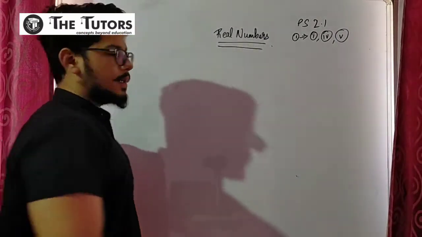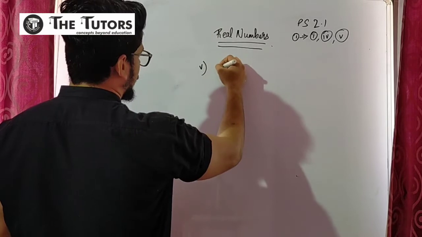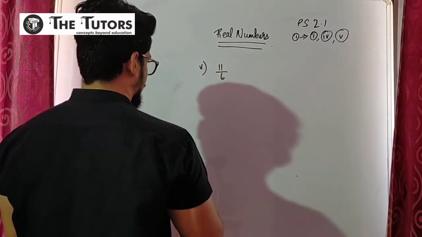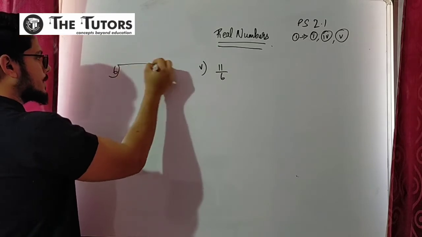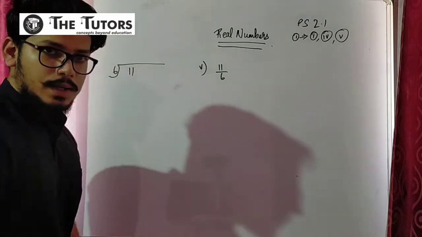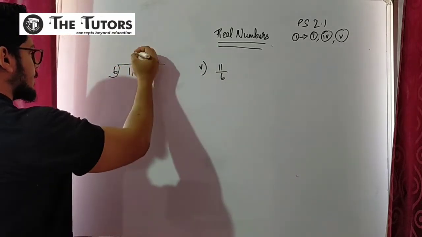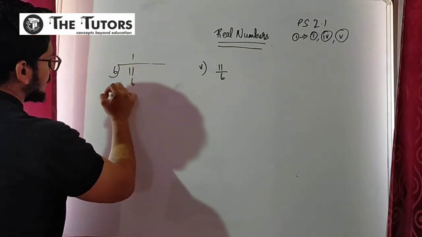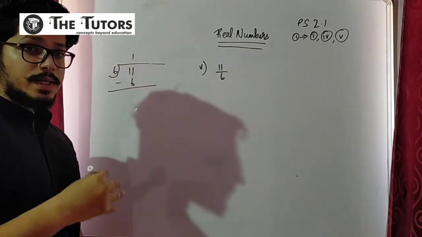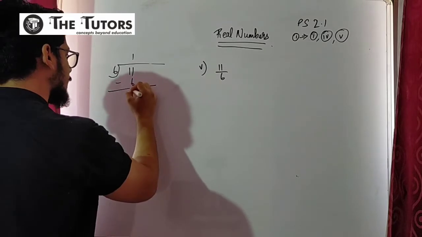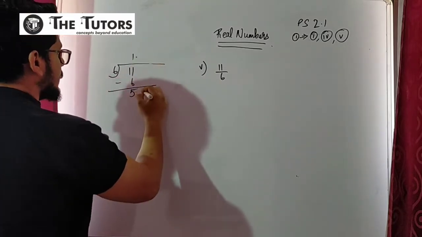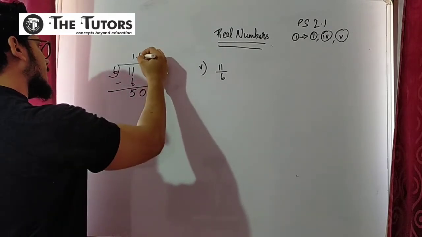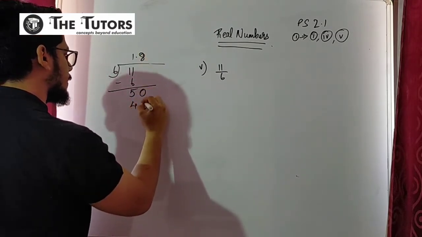Fifth question is 11 by 6, 11 upon 6. Here, the question is 11 divided by 6. The nearest multiple of 6 to 11 is 6 ones are 6. 11 minus 6 is how much? 5. 5 doesn't come in the table of 6, you give a point, here you add 0, then you have 6 8s are 48.